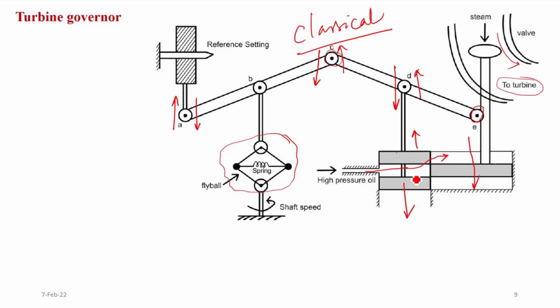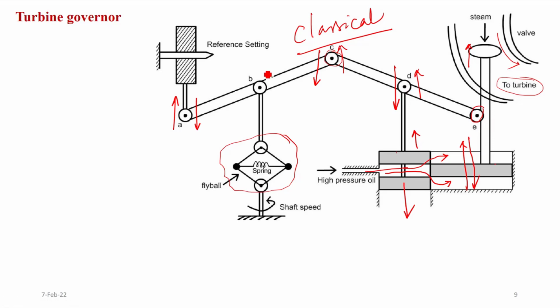As it goes down, the high pressure oil will move through this, so it will move this main piston and simultaneously your valve will move towards the closing position. As your valve moves towards the closing position, your steam input will gradually reduce and your turbine speed will decrease.